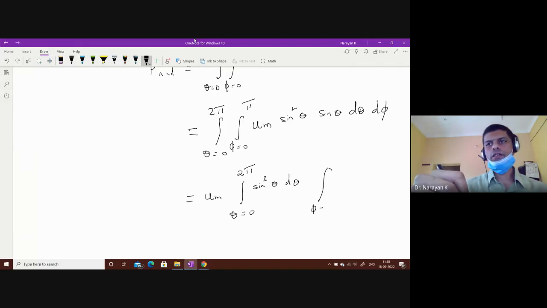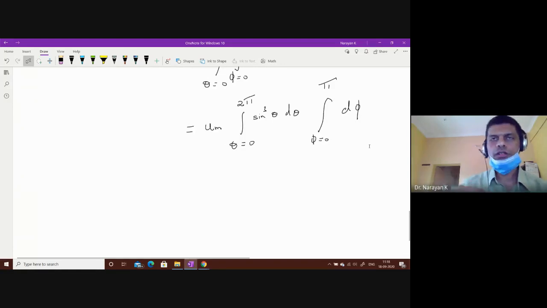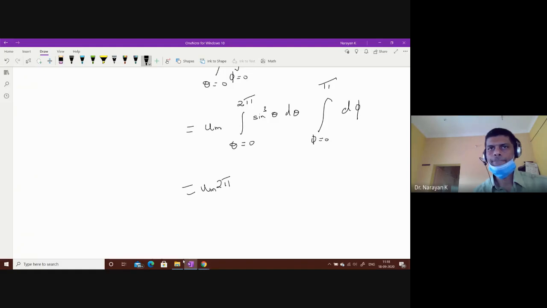Right? Yes or no? So your d phi part becomes 2 pi, and the whole integration of sine cube theta will be 4 by 3.